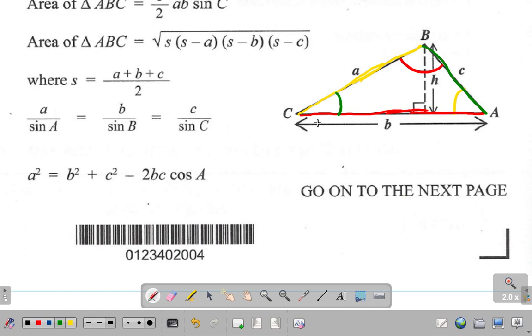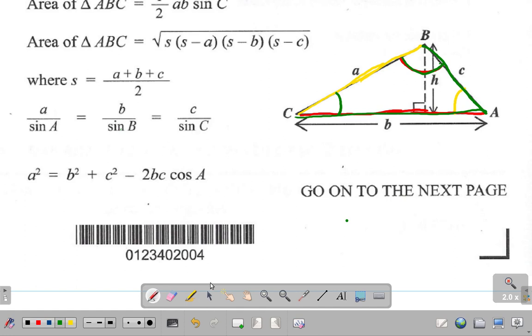That's the sine rule. So it's basically the length of a side divided by the sine of the angle that is opposite to the side. The length of this side over the sine of the angle opposite to that side equals the length of the other side divided by the sine of the angle opposite to that side, equals the length of the third side divided by the sine of the angle opposite to that side.